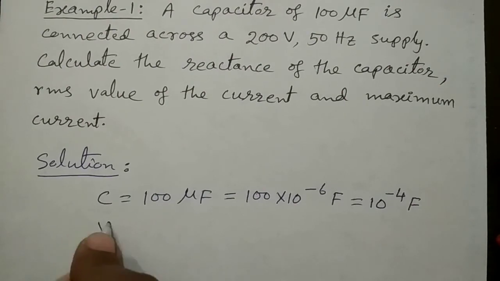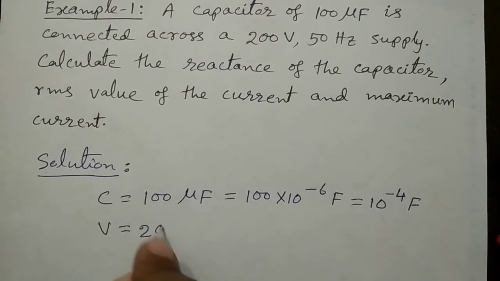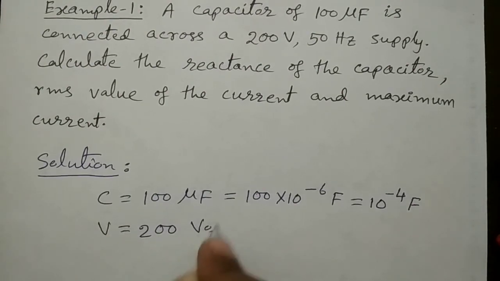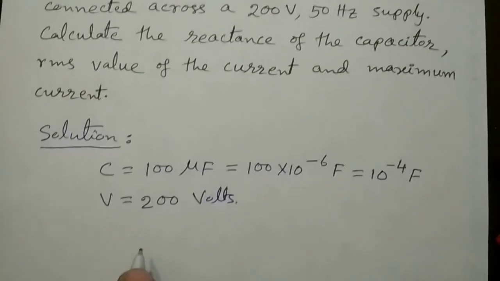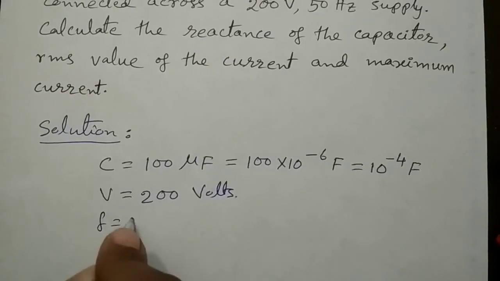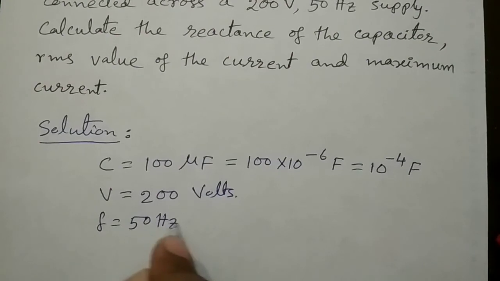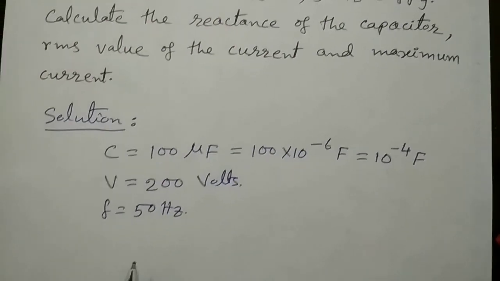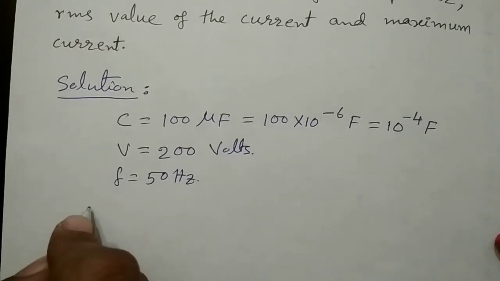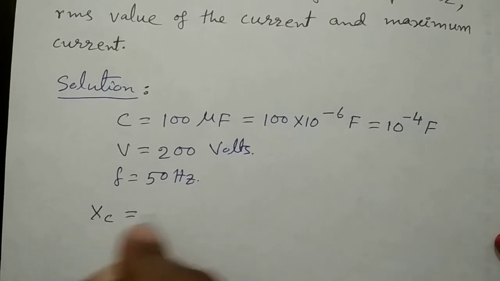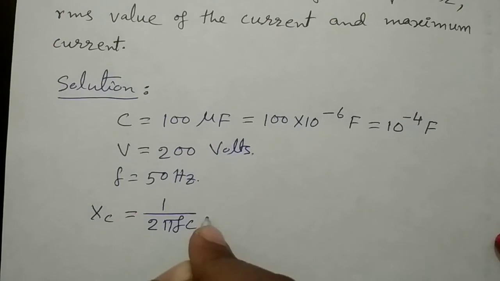The supply voltage is given as 200 volt. It is the RMS value. And the frequency is given as 50 Hz. As we know, the capacitive reactance Xc is 1 upon 2 pi fC.